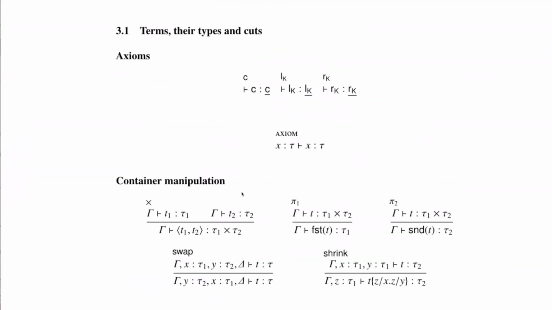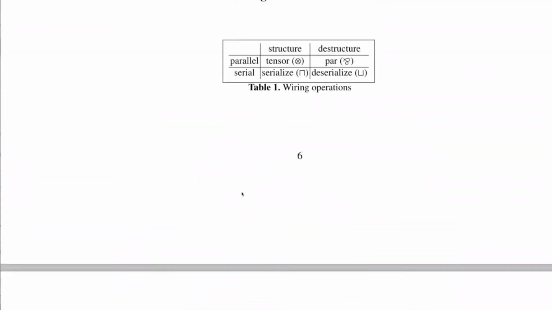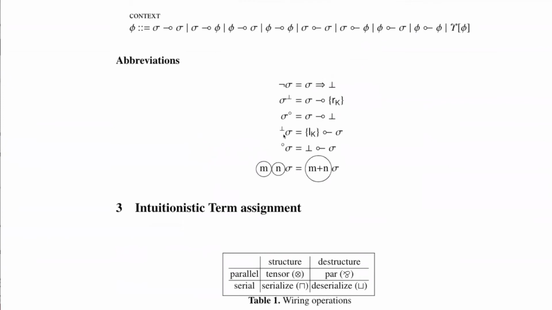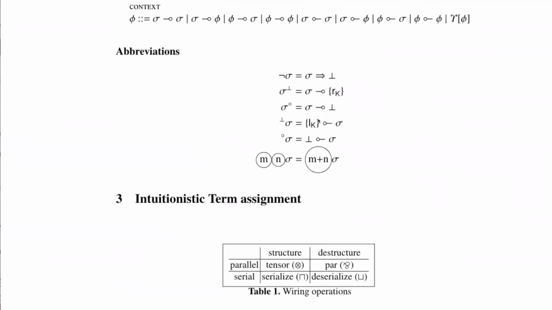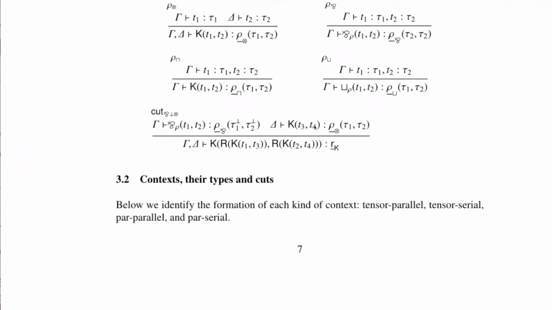So perp is up here in the abbreviations. Perp is to the RK. This should probably be squirrely braces RK, but that's the basic idea. You'll get to RK that way.